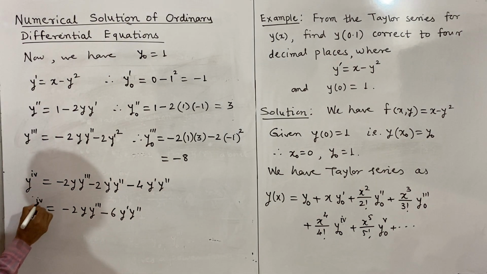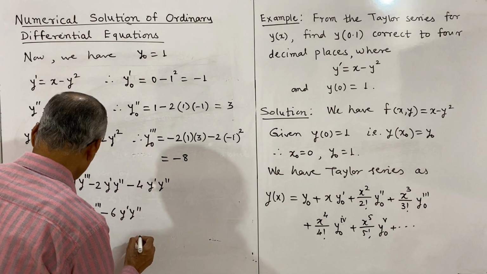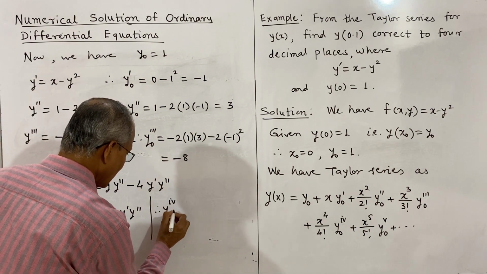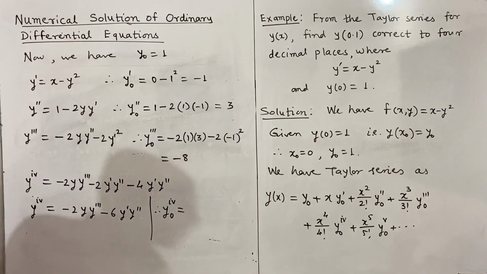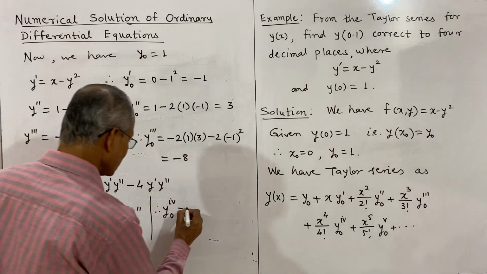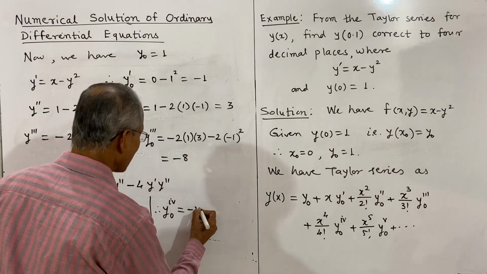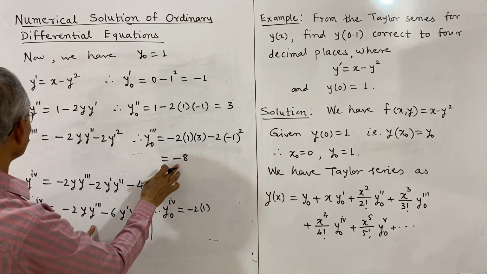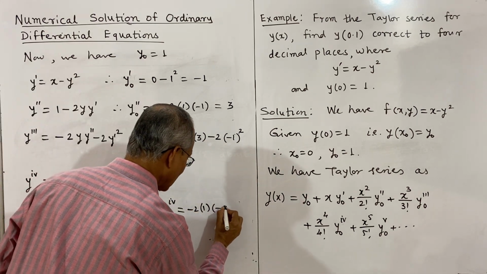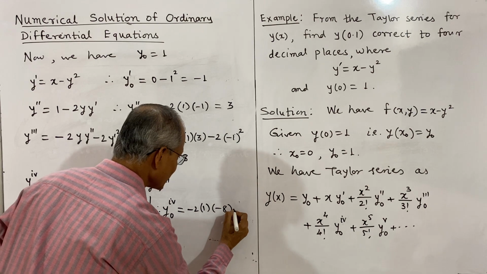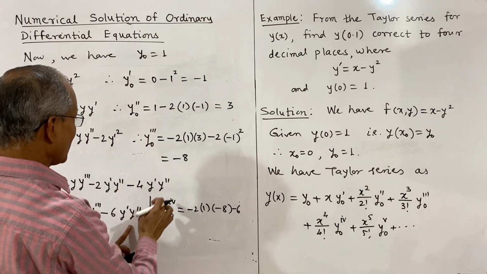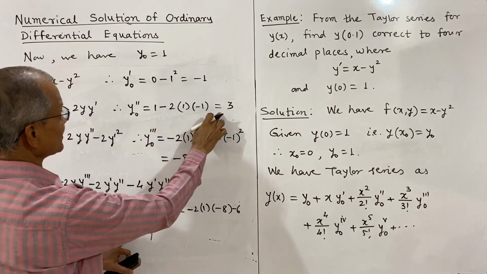And thus the value of the fourth derivative at 0 is, I shall write here, therefore y naught, fourth derivative at x is equal to x naught, and this is minus 2 into y is 1, y triple dash is minus 8, and next is minus 6, y dash is minus 1, and y double dash is 3.